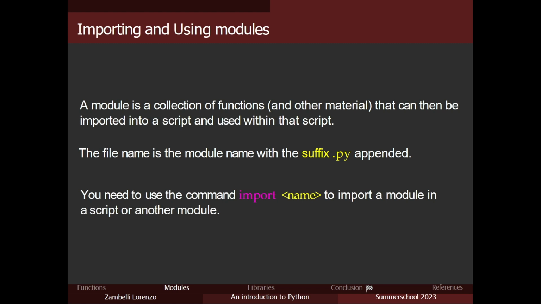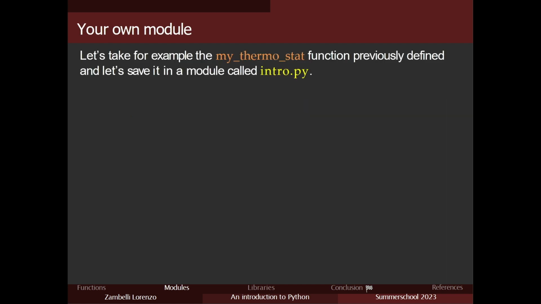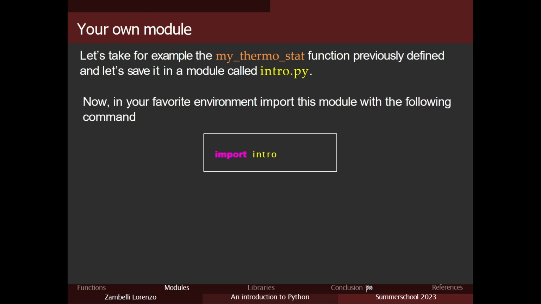Okay, then inside our code or our script, it doesn't matter, you use import and the name of the module to import, and then nothing else you need to do. So for example, before we made my thermostat function and saved it in intro.py. Now, in our environment, we import intro in the following way.